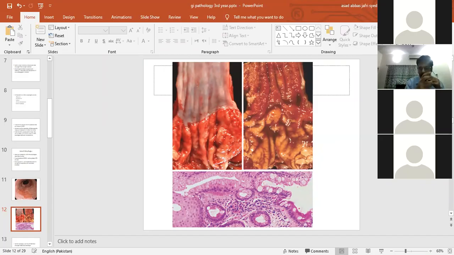So this epithelium becomes intestinalized, or it undergoes columnar metaplasia, intestinal metaplasia and goblet cell metaplasia. All these terms are used to define the histology of Barrett's esophagus. And these cells that you can see with barrel-shaped or vacuolated cytoplasm are the goblet cells.